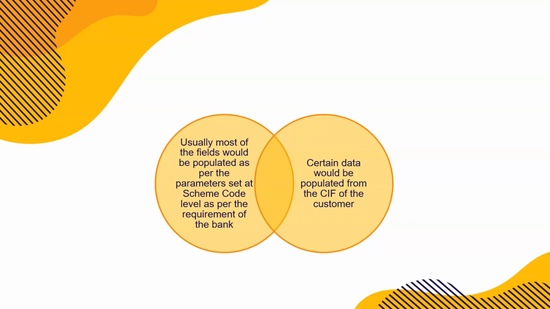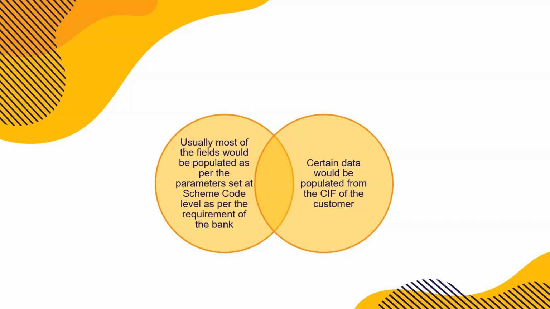You have to fill in only the fields which are required to be filled, like mode of operations, dispatch of statements, periodicity, nothing else, in general details, right? Don't tinker with any other, otherwise this will result in an error and you will discover where the error is coming from.